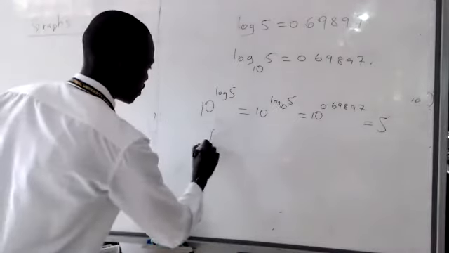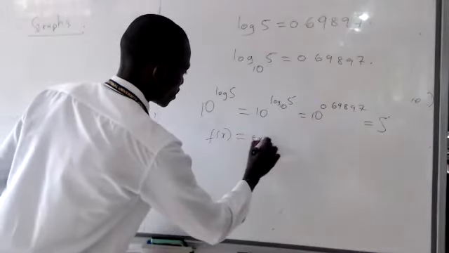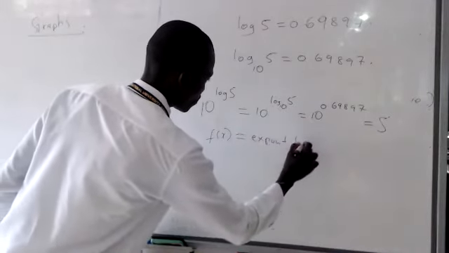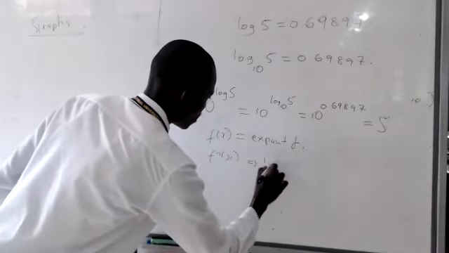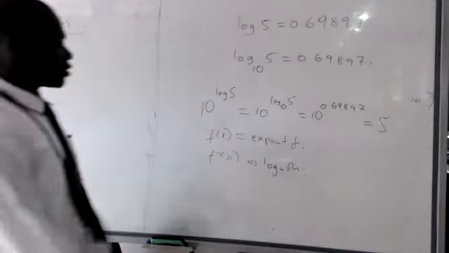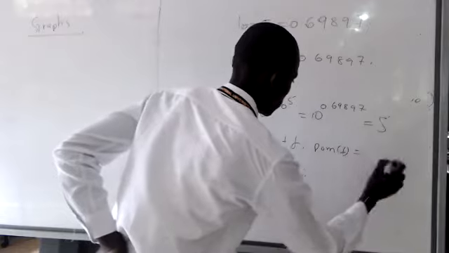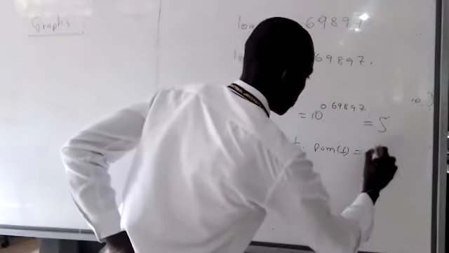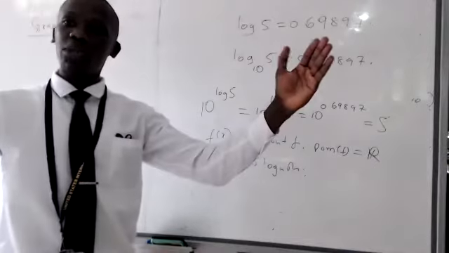So if you have f of x as the exponential function, then f inverse of x is the logarithm function. Of course, the domain of the exponential function is the entire real line. You can use any real number as an exponent.